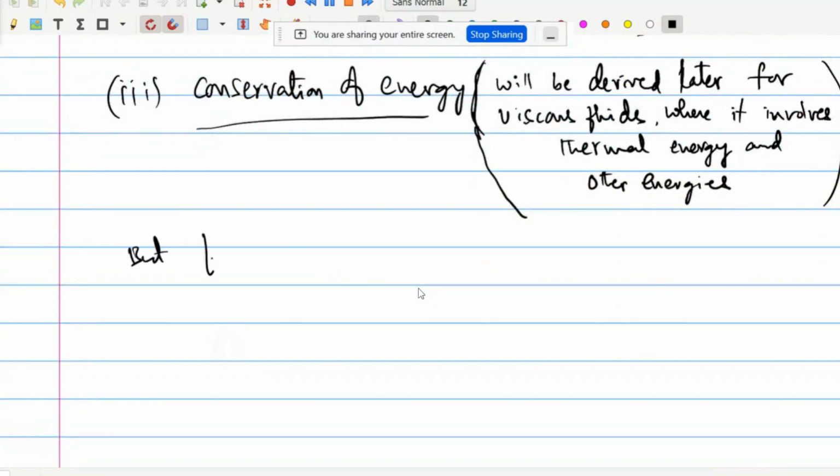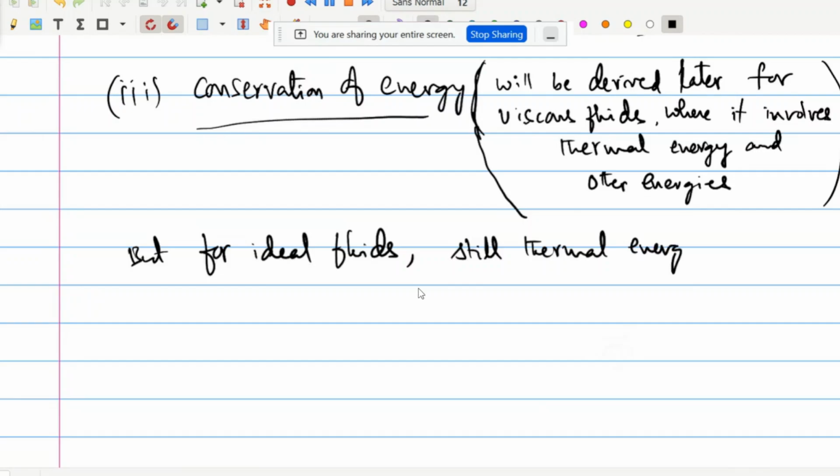But for ideal fluids, that means without viscosity, thermal energy is still possible. Thermal energy is still a possibility.